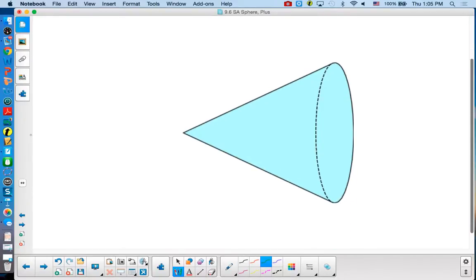How about a, oh, kind of late at that direction this time. This edge is going to be 30 inches. And probably would be easiest for me to say this whole thing is 40 inches. Find its surface area to the nearest whole number.